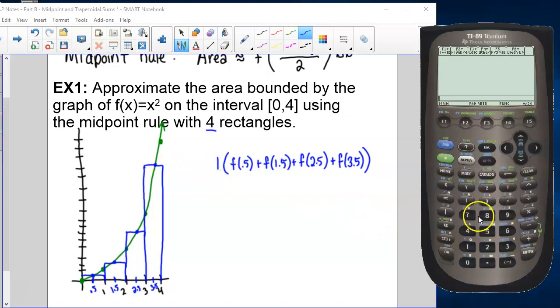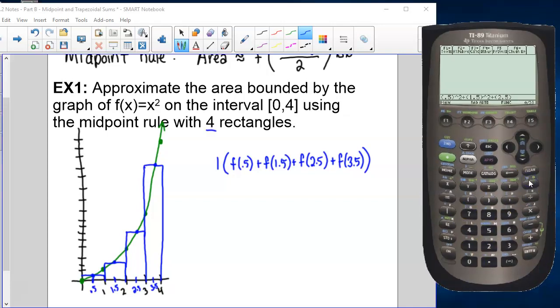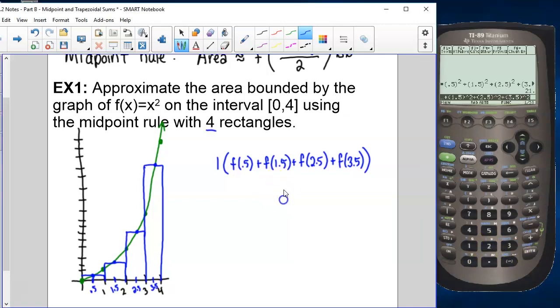So 1 times, and then it would just be 0.5 squared plus 1.5 squared plus 2.5 squared plus 3.5 squared. And so we end up with 21 whenever we plug that in.